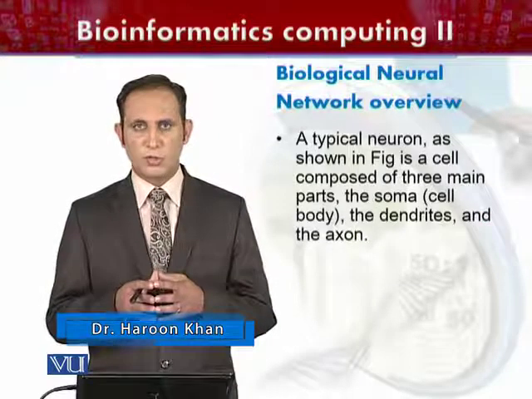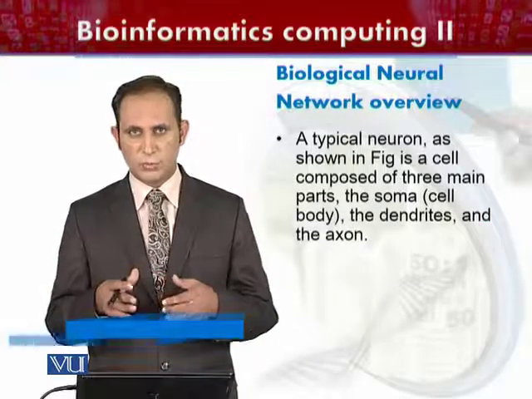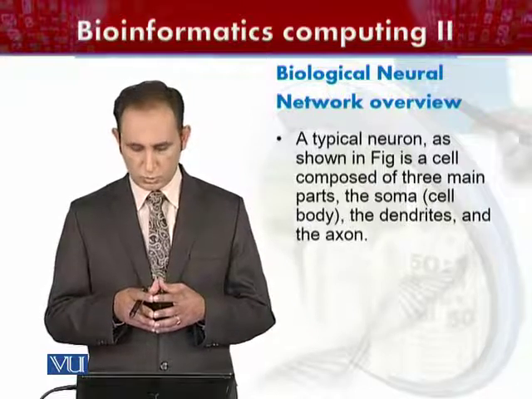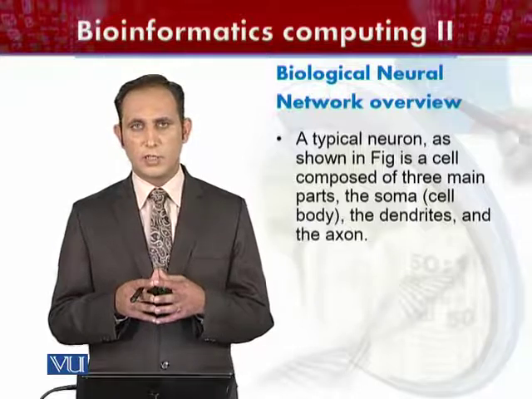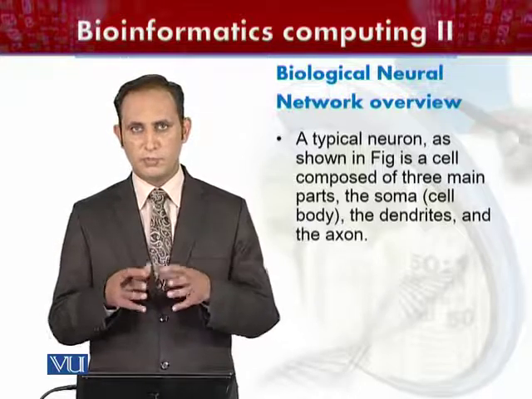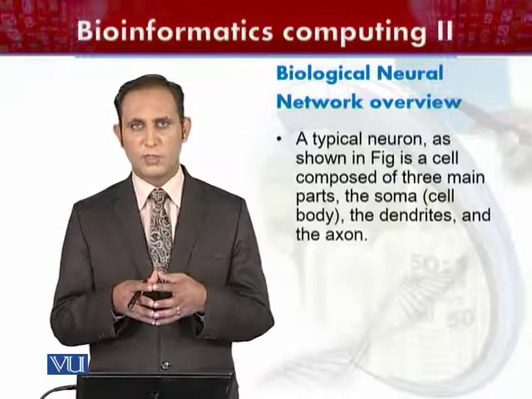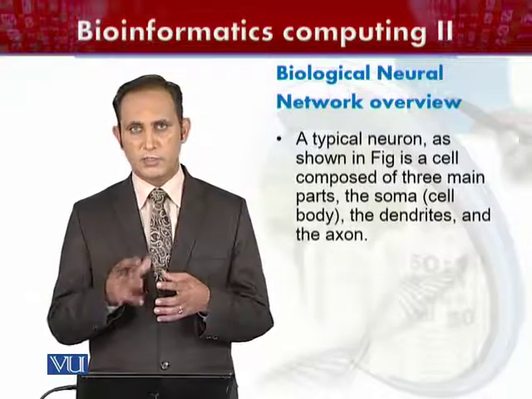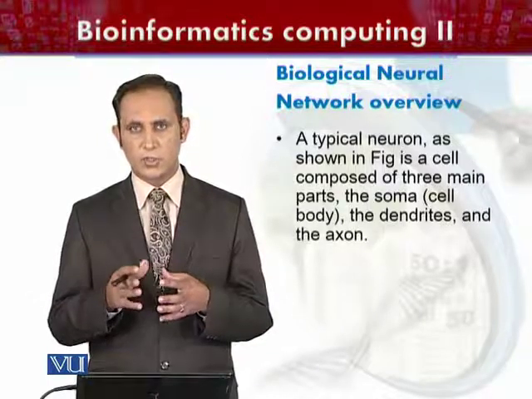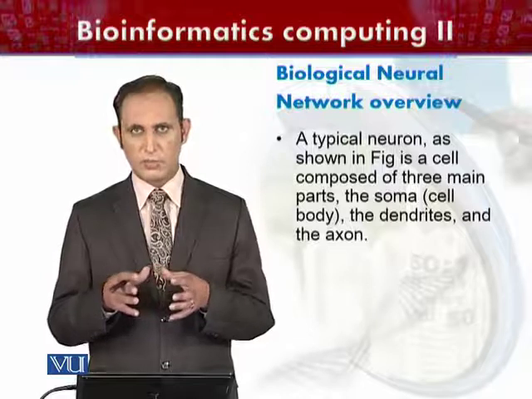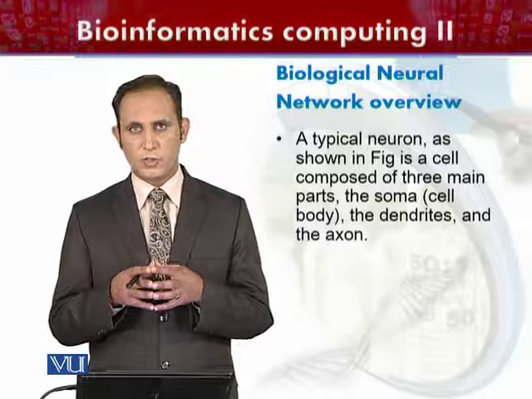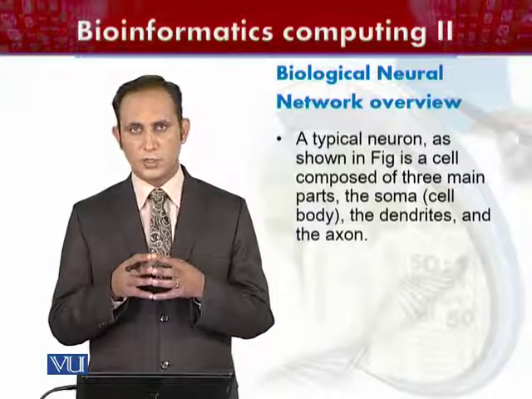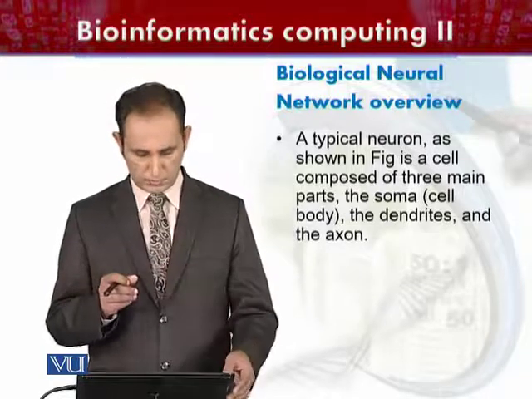A typical neuron, as shown on the next slide, is composed of three main components. It has a cell body, which is the main center of the neuron. It has dendrites, and it has an axon. These are the main components that make up a usual neuron in the nervous system.